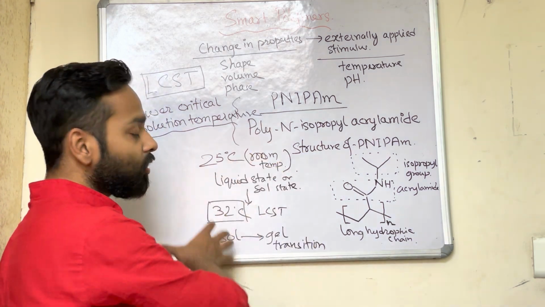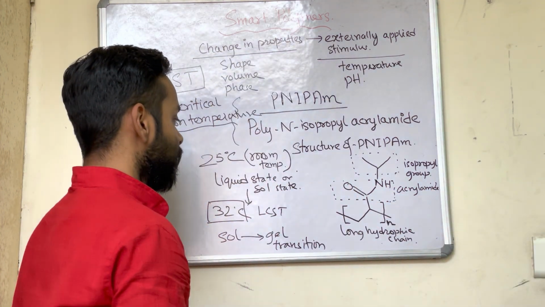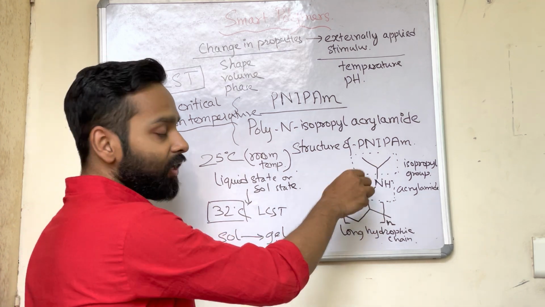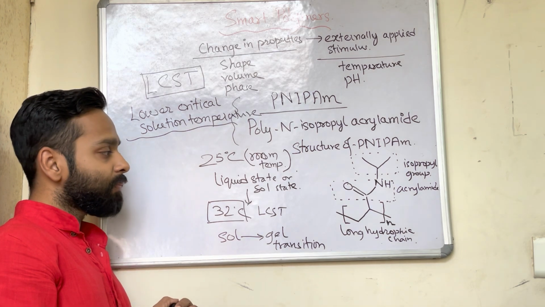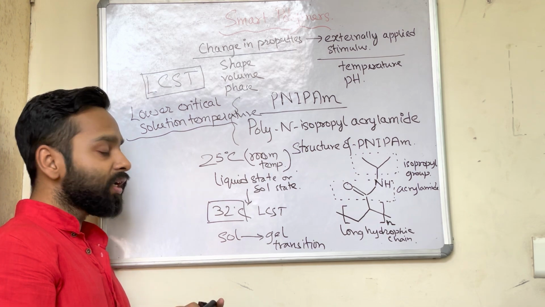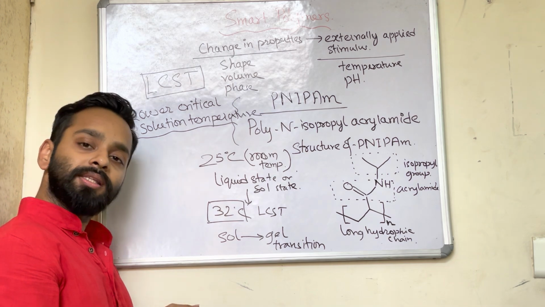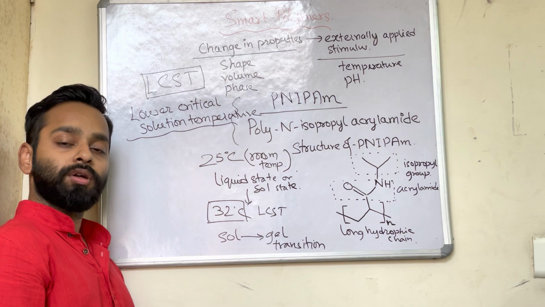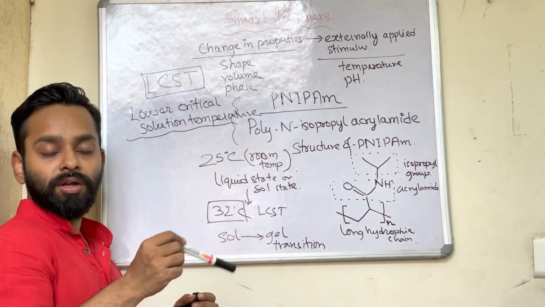So what is the physiology behind this sol to gel transition? If we look at the structure of PNIPAm, we can see these are the hydrophilic groups. If we are trying to solubilize this polymer of PNIPAm in water, then the PNIPAm molecule will form hydrogen bonds with the water molecules. Once it forms hydrogen bonds with the adjacent water molecules, these polymeric chains will be stretched in all directions.